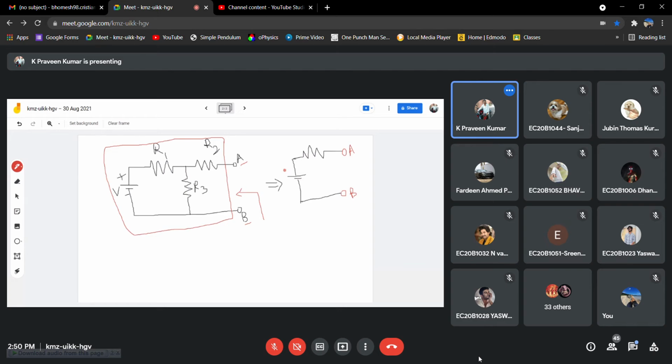So this voltage source and this resistance have specific names. That is Thevenin voltage and Thevenin resistance. So this is Thevenin voltage, and this is Thevenin resistance.